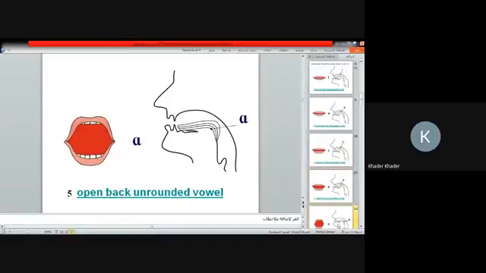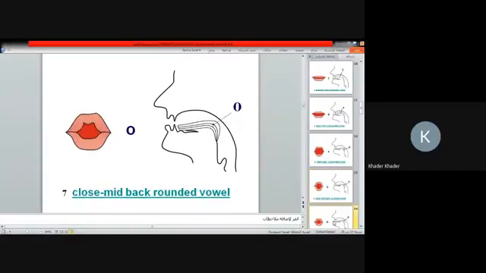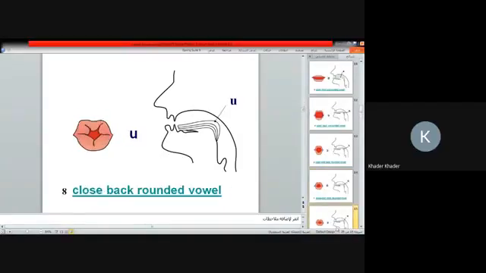Then number 5, open, back, unrounded. Number 6, open-mid, back, rounded. 7, close-mid, back, rounded. 8, close, back, rounded, and this is completely closed, meaning fully rounded. If we took a pencil and put it in this circle, it would have to be the same size and pattern, as when we say 'ooh', like this.